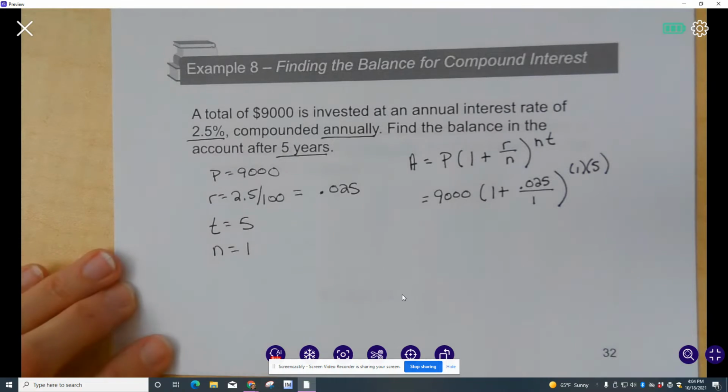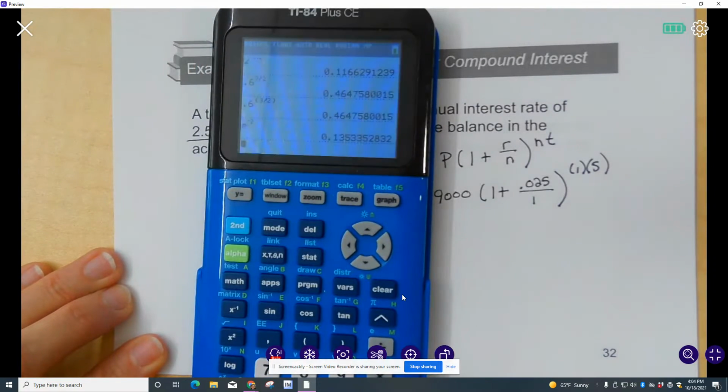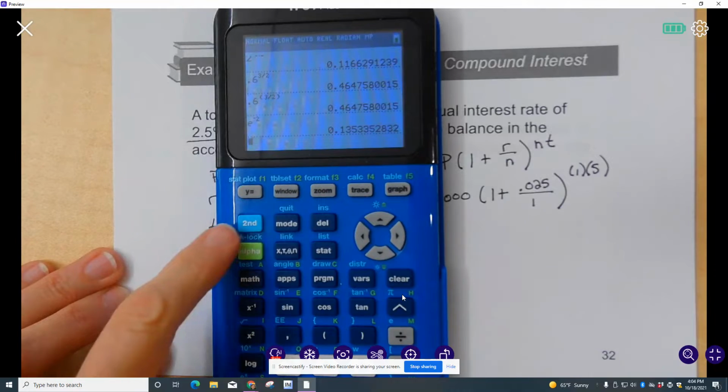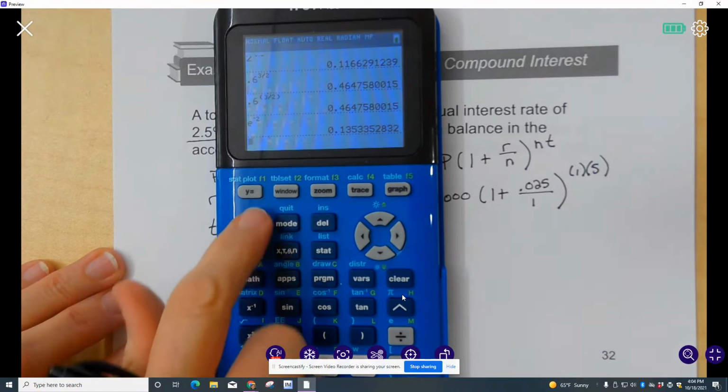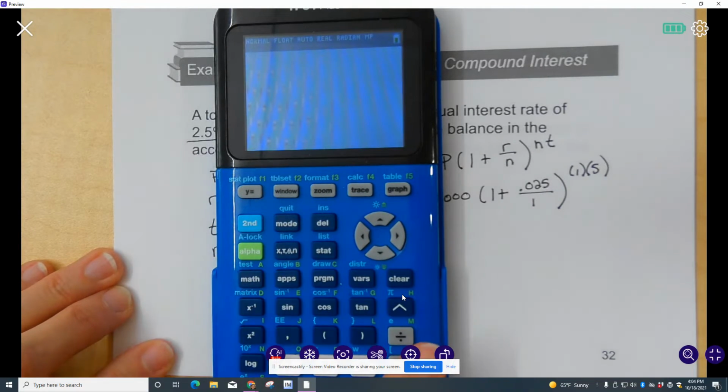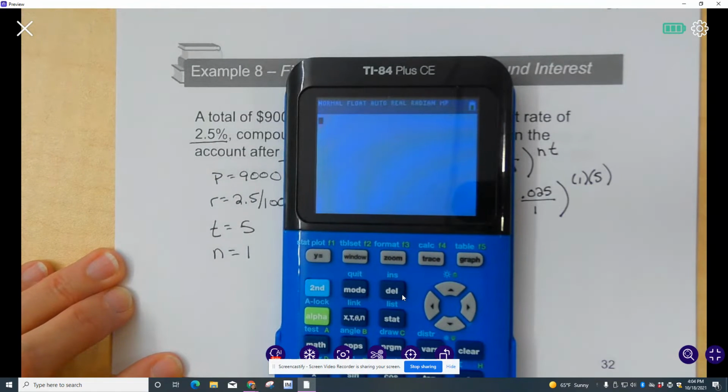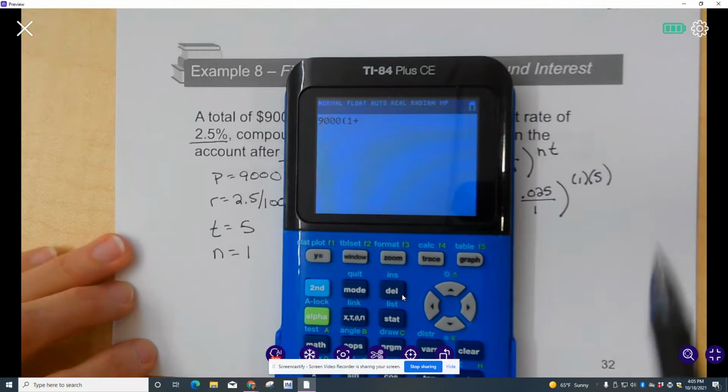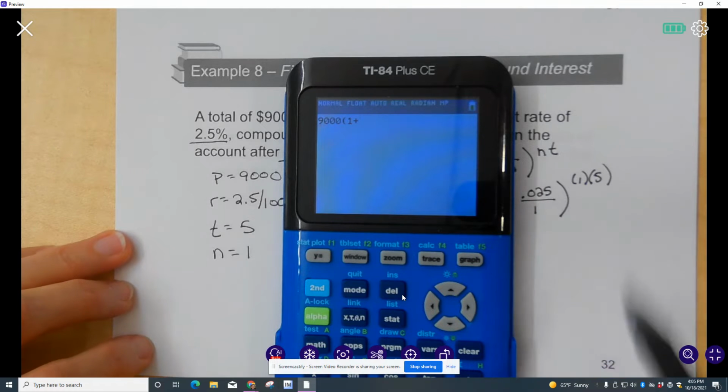But if you use your parentheses properly, you can put this whole thing in your calculator. So I'm going to put in 9,000, parenthesis, 1 plus 0.025 divided by 1, but because it's a fraction, I'm going to wrap it up in parentheses, and you should do the same.